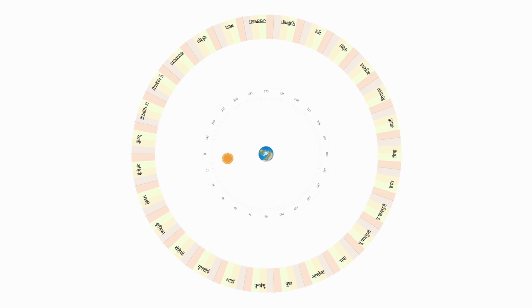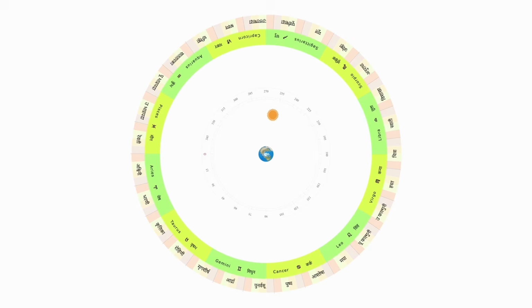We can use this simulation as well to visualize the same thing better. In this geocentric model, Sun is revolving around the Earth, which itself is rotating around itself. Outermost ring represents 27 nakshatras, which are stationary.